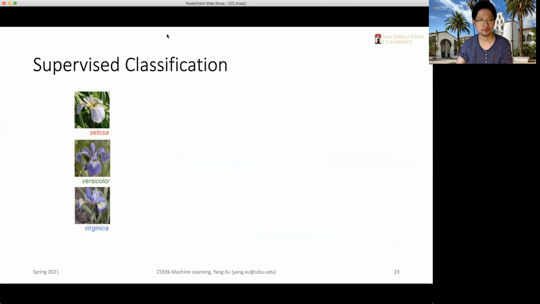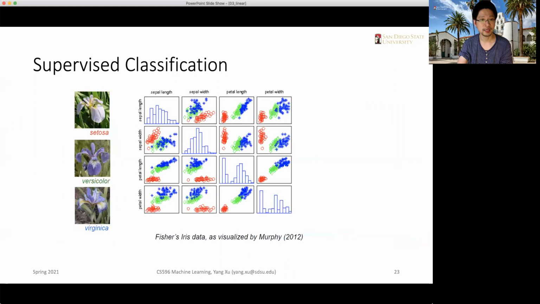Okay, there's one more visualization for the supervised classification versus unsupervised. Using the iris flower example, if we have labels available, then we can differentiate the 3 types of flowers with colors. So with them plotted in this 2D dimension, we can easily check the differences between these 3 types of flowers.